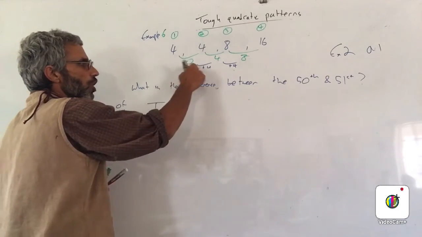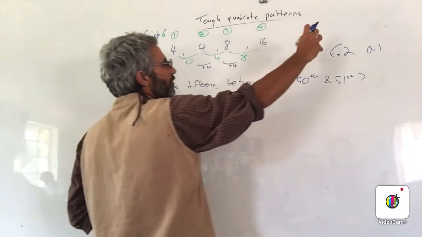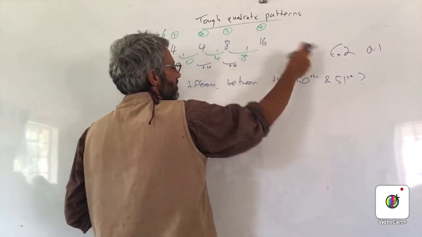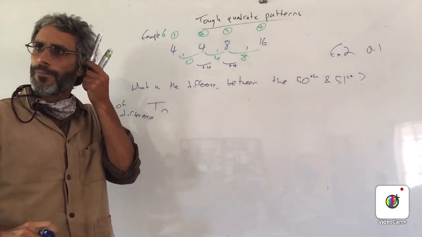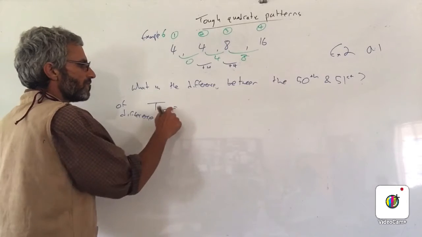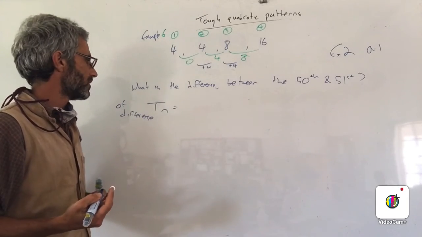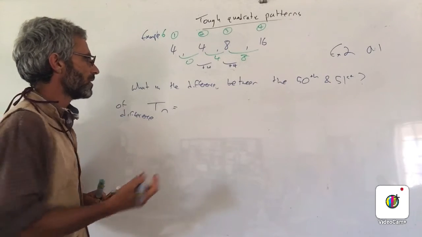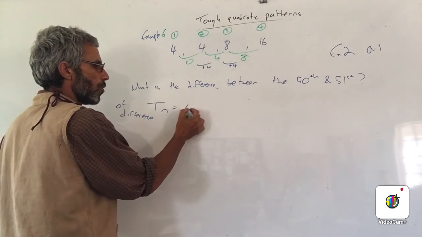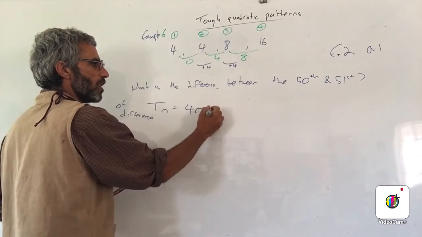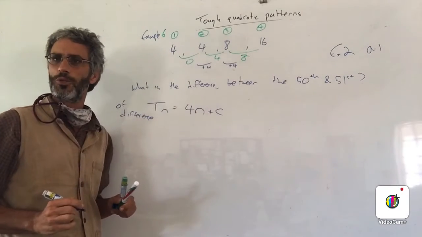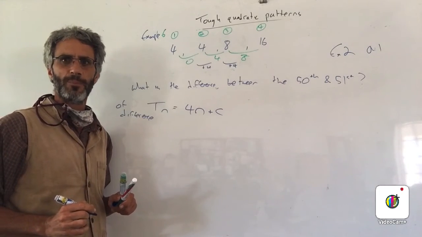So you're looking to find the 51st term here. How do we find that? We know how to find the nth term of linear sequences. I write down 4n, because that's the difference, plus some kind of correction term. Remember that's how we started with number sequences.